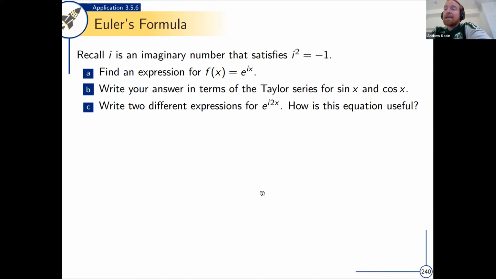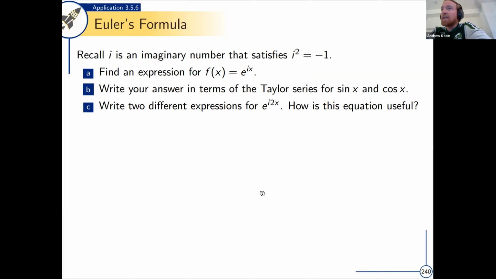And if you write out e to the ix as a Taylor series and expand it using sine and cosine, and then rewrite those expressions as the relevant sine and cosine functions, you'll be able to relate the exponential expression e to the ix to sine and cosine, and you'll see that there's a really intimate relation between different values of these things. In particular, a very famous equation due to Euler happens when you plug in x equals pi.